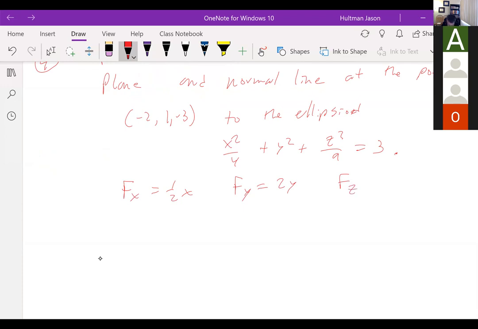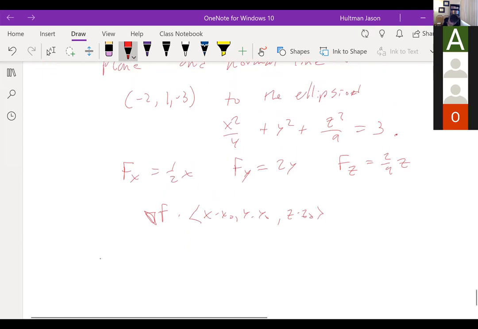It's going to be 2/9 z. So we know that this is going to be del f dotted with (x minus x naught, y minus y naught, z minus z naught).